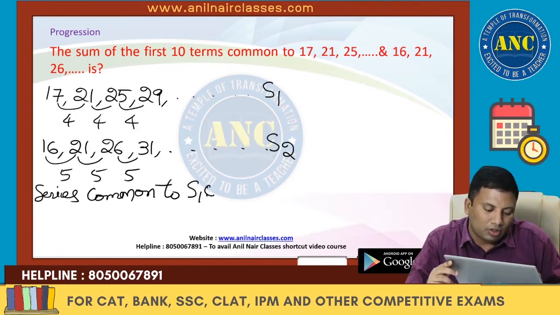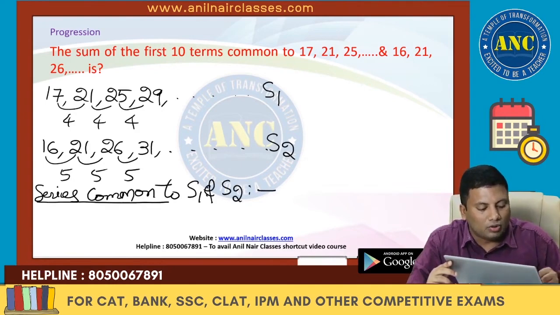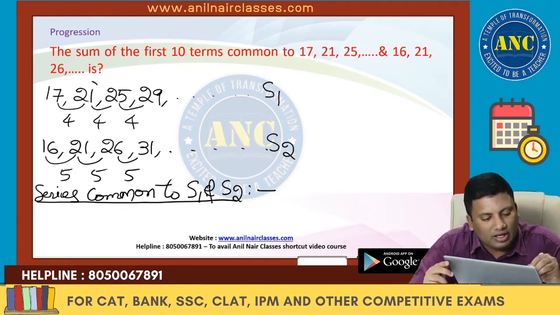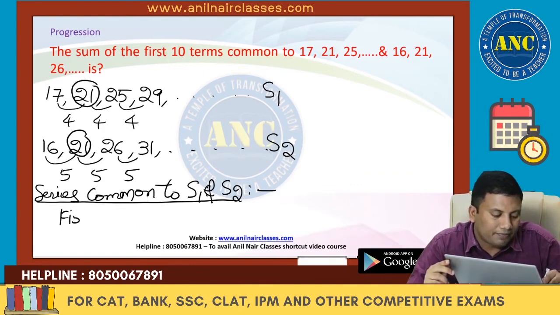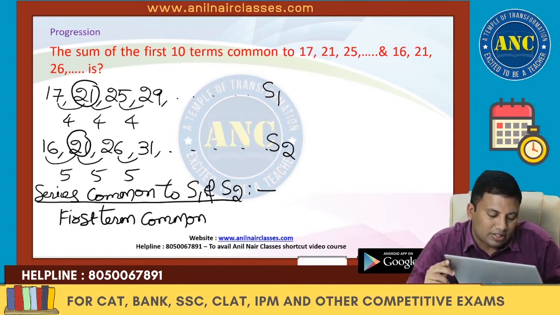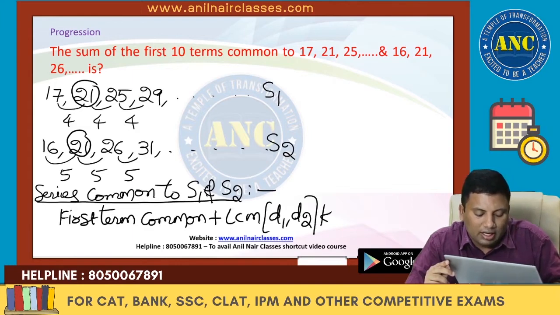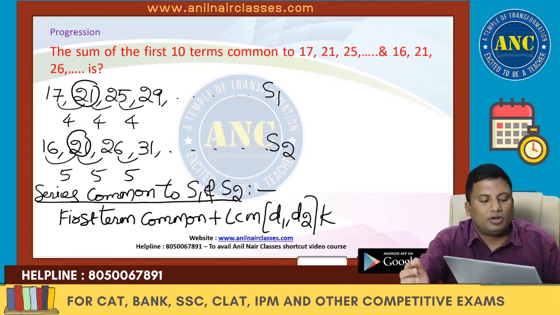The series common to S1 and S2 is the first term common plus LCM of D1 comma D2 into K.